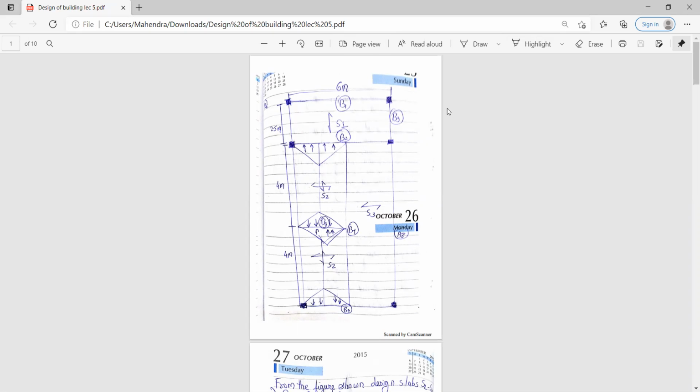And for only 2 slabs, they have told you to design, that is for S2 and S3. So here there are a total of 3 slabs, that is S1, S2 and S3. But you need to design for the S2 and S3 only, as well as only 2 beams you need to design. Okay. So we'll start with the designing part.